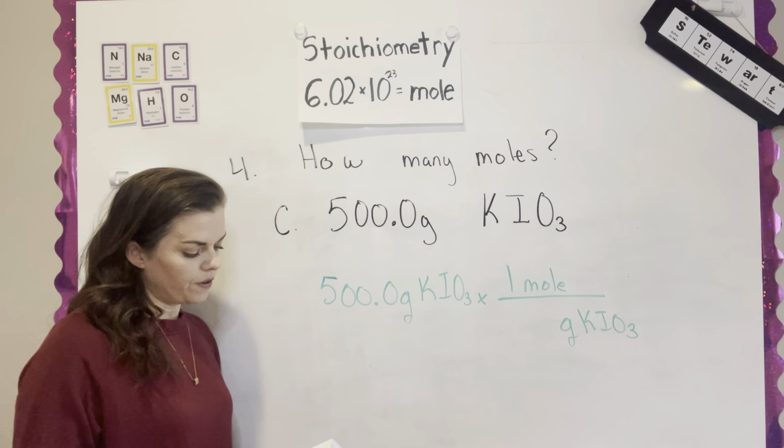Remember, if you don't know what to do, always convert to moles first. Since I'm doing a mole to mole ratio, I'm going to be using my coefficients from my balanced chemical equation. There's a 2 here and a 6. So you're going to be taking 150 times 2, dividing it by 6. That is giving me 50 moles of Na3AlO3.